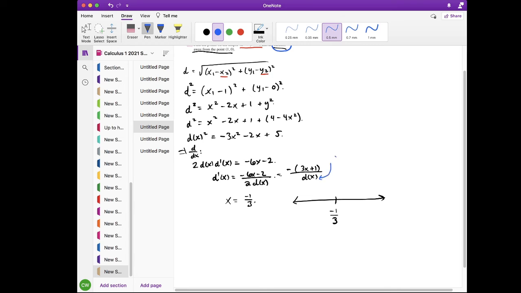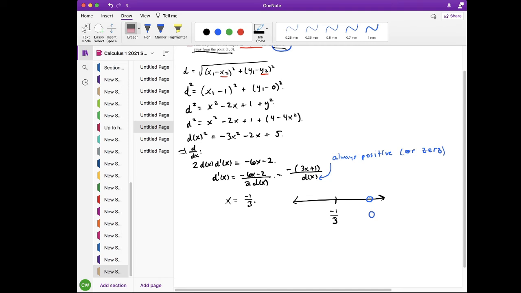This is always positive. Why is it always positive? Actually, I should probably even put 0 here. Why is d of x always positive?